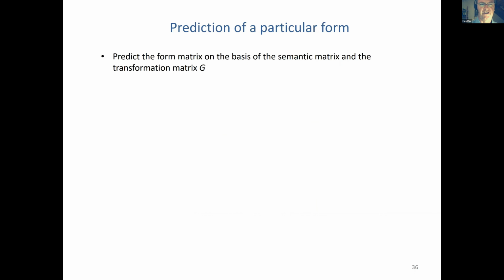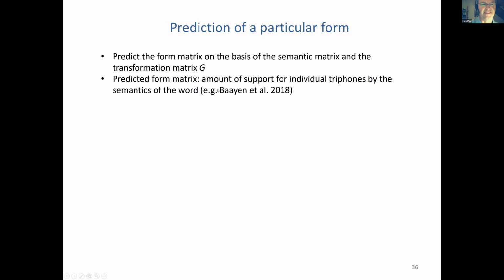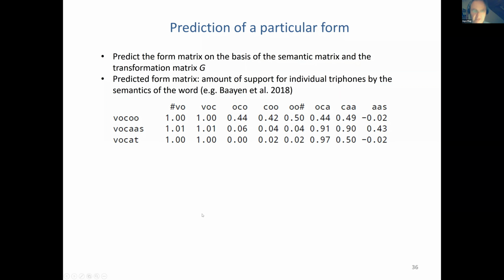If we want to predict a particular form of a particular word, we first have to predict the form matrix, as I said, and then when you look at it, you get the amount of support for individual triphones by the semantics of the word. For example, this is taken from a paper where they modeled Latin words.